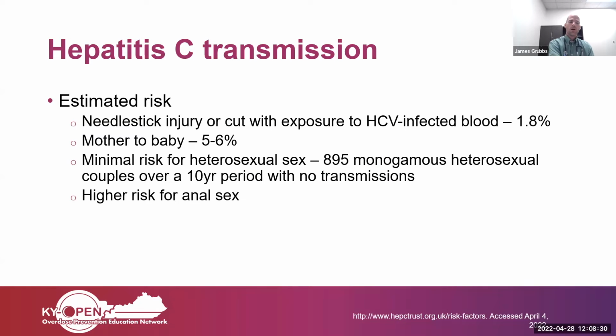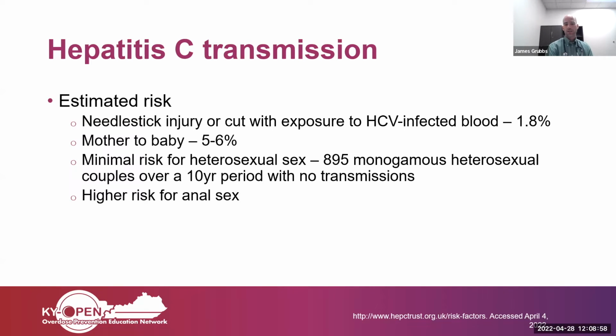And so we talked about hepatitis C transmission, and we talked about the estimated risk depending on the type of transmission. Needle stick injuries or exposure to hepatitis C infected blood result in about a 1.8% risk of hepatitis C infection, while mother to child transmission for women who are actively infected with hepatitis C is around 5 to 6%.